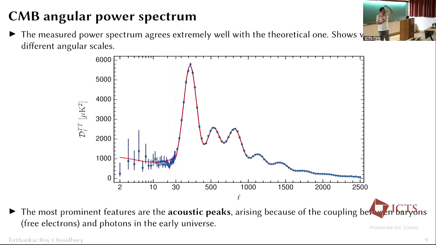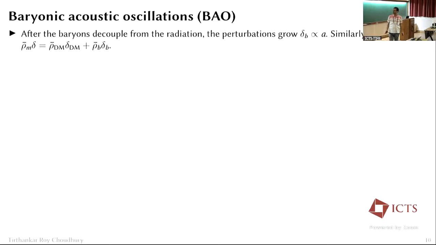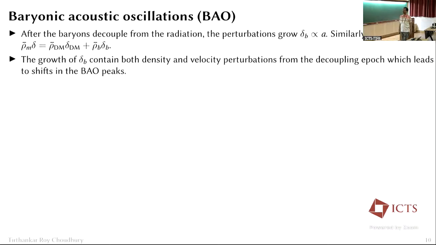So baryons, remember, were coupled to radiation at early times, and they had these oscillatory features. Although these oscillatory features tend to damp as the universe expands, they remain, okay? And they get imprinted in the total matter distribution. So these lead to some shift in this peak. These are known as baryon acoustic oscillations.